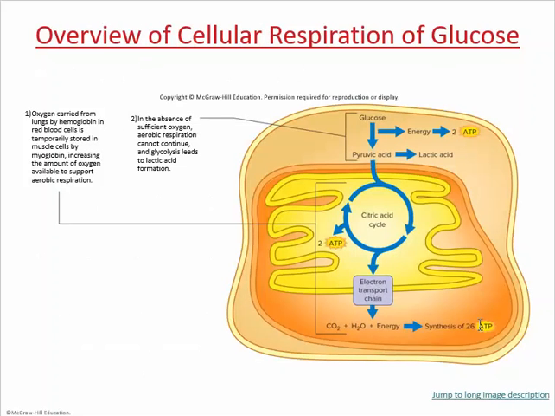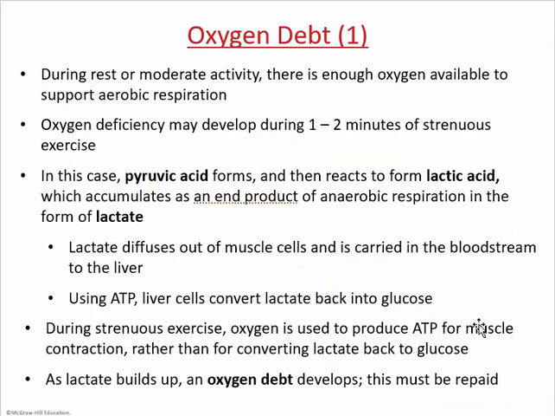We've already looked at this, but we get quite a bit of ATP if we can go through the entire aerobic respiration. If we can't supply enough oxygen, then we start to do it anaerobically, and we end up with a byproduct of lactic acid.